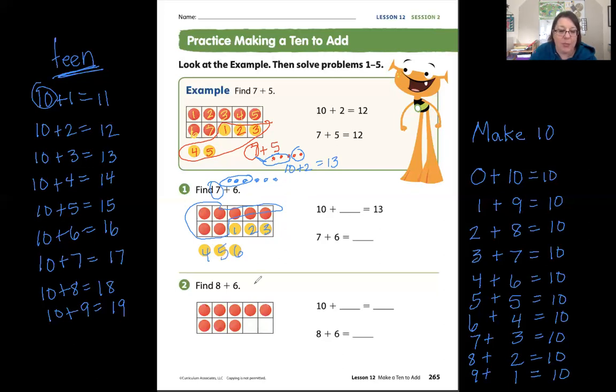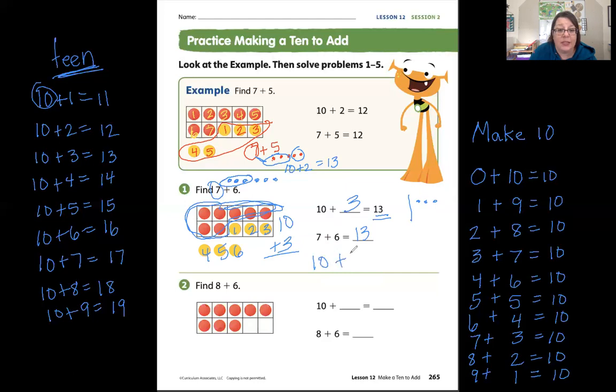If I put it in my 10 frames, I have 7, 8, 9, 10. So now I have 10, and how many more? Plus 3. 10 plus 3 equals 13. 1 ten and 3 ones. So 7 plus 6 equals 13 also.